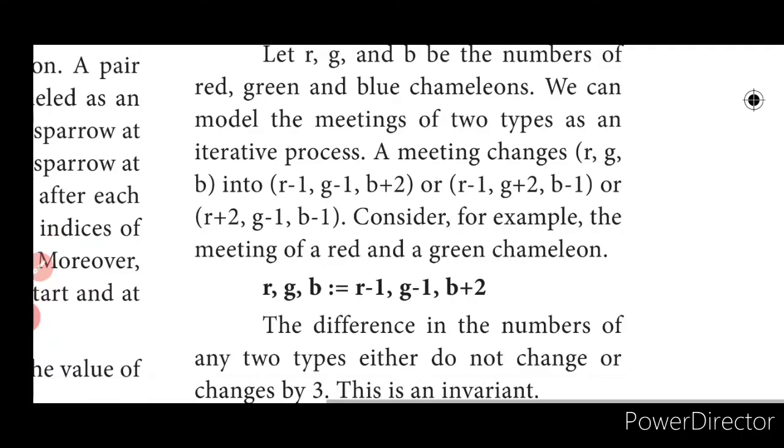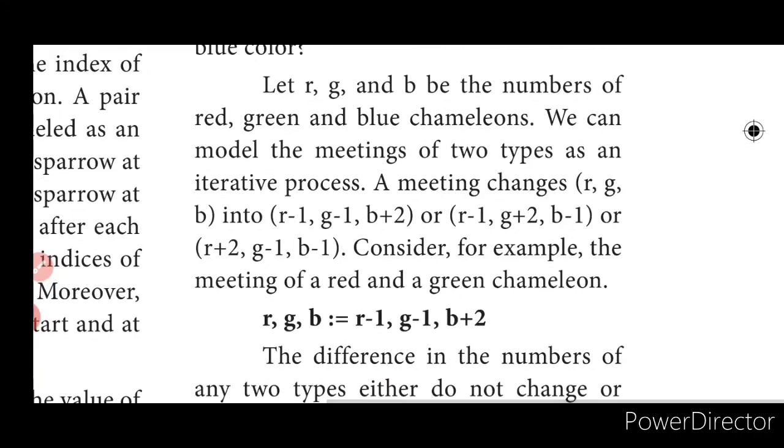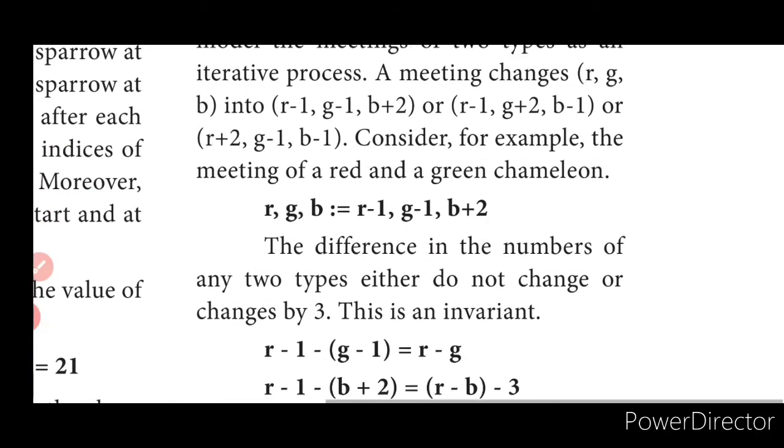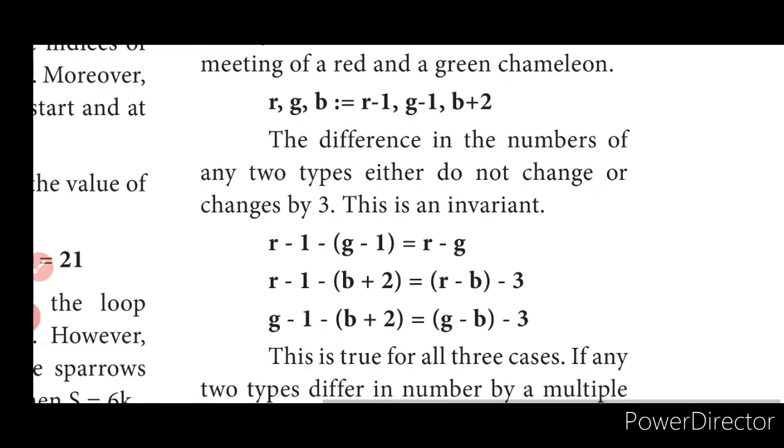Consider for an example, the meeting of a red and a green chameleon. So what happens? Red will be -1, green will be -1, because the count will be decreasing. They will be changing to the next color. The difference in the numbers of any types either does not change or changes by 3. This is an invariant.